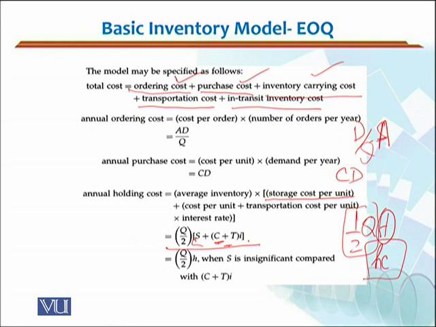So Q over 2H is when S is significant compared with C plus TI. It will just become H if your storage cost is not that significant. It is possible that for some businesses, the storage cost per unit is not that significant.